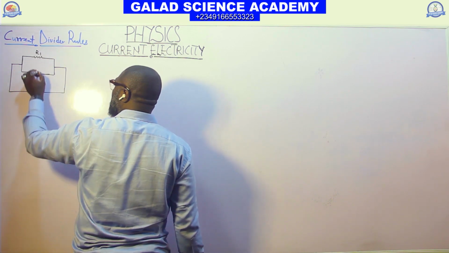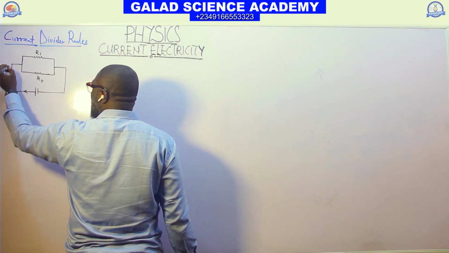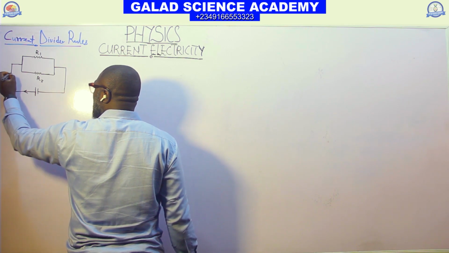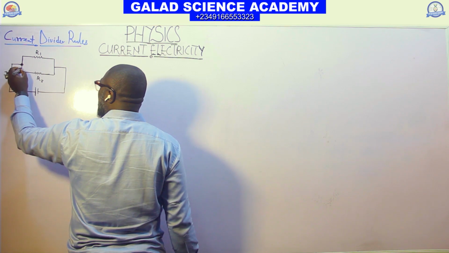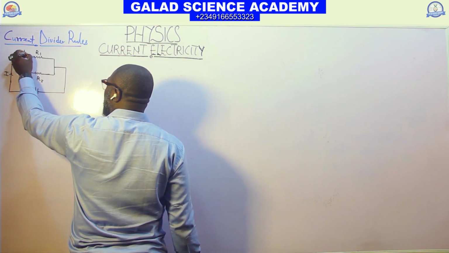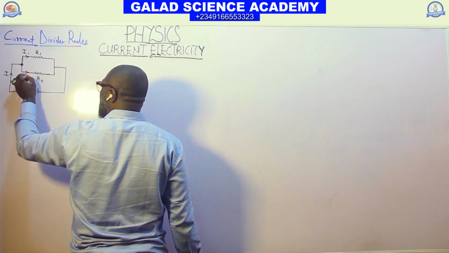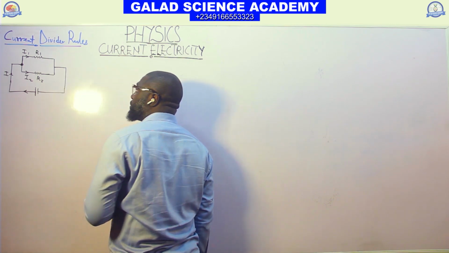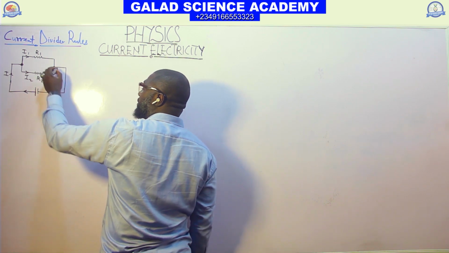This is R1, R2. The current leaves this place, flows up to this junction, and splits like this into I1 and I2. So for the current divider.